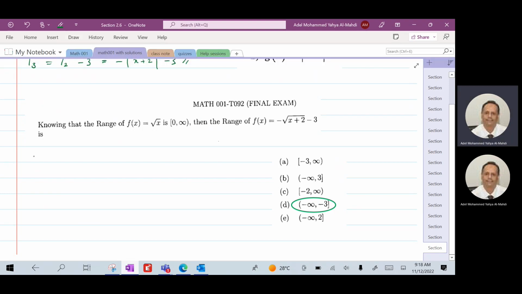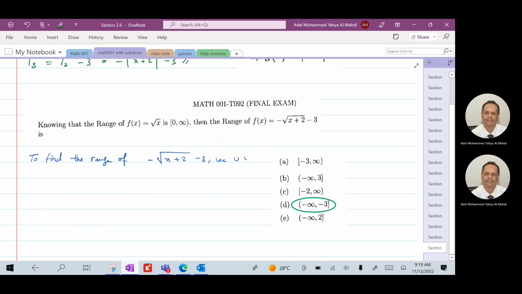To find the range of minus root of x plus 2 minus 3 without a graph, we use the fact. The fact is that root of x plus 2 is bigger than or equal to 0 for x in the domain of this root.